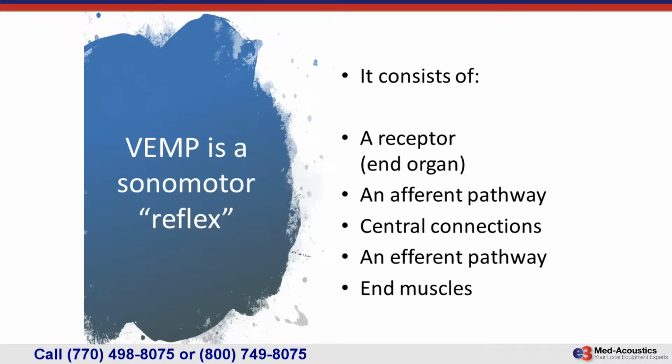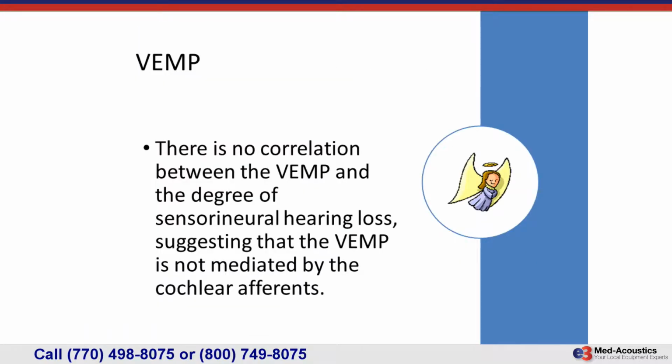We call it a sonomotor response, and there is a receptor, there's an end organ, right? There is an afferent pathway, an efferent pathway, central connections in between them, and end muscles, right? So it's a complete system. And one thing that's good news about this test is that it is not correlated with sensorineural hearing loss.